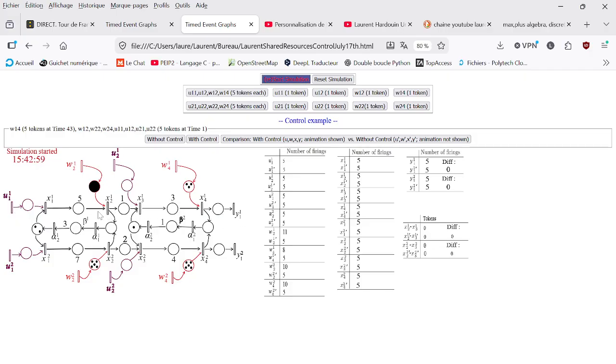Then here you produce some part on this line, and you produce some other part on this line. These two lines actually share some resources. For example, here we have two machines which are shared between this line and this line, and here we have one machine which is shared between both lines.